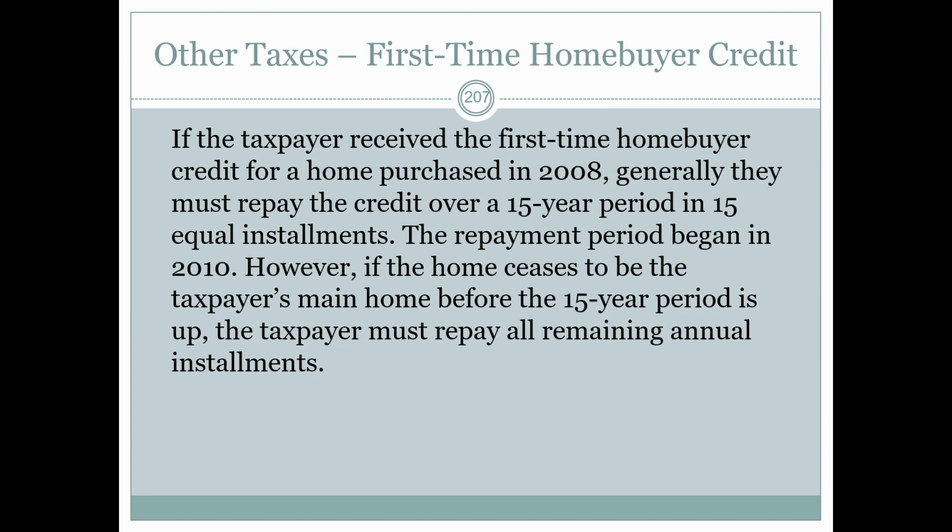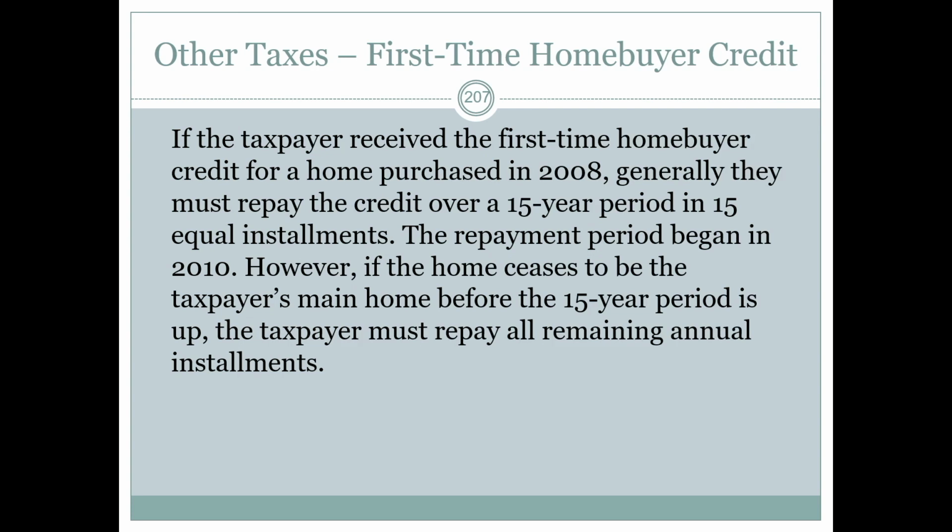However, if the home ceases to be the taxpayer's main home before the 15-year period is up, the taxpayer must repay all remaining annual installments. This credit is reported on Schedule 2, Part 2, line 7B. H-1 and H-2 of the 4012 shows the screen for this credit, which becomes a tax.